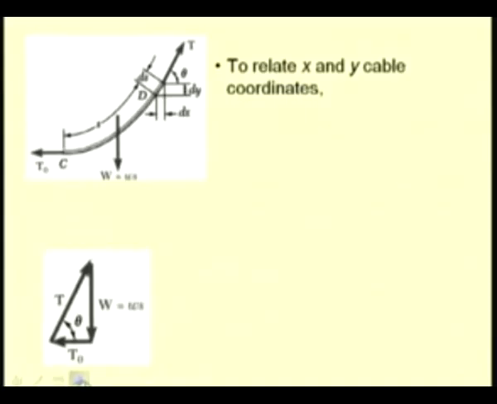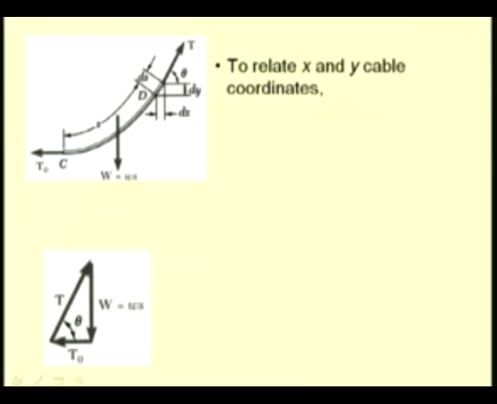So, now let us relate the x and y coordinates of the cable. We may be interested in some cases to relate the y coordinate with the length of the cable also. So, in that case we can again write the equations in the similar way.